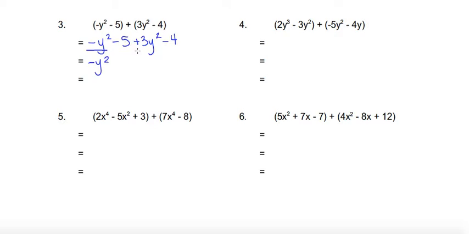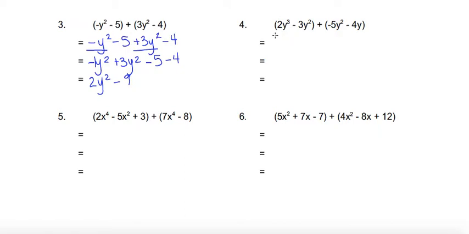My other y squared is right here, plus 3y squared. And then my constants, negative 5 and negative 4. Simplifying my like terms, remember this is an imaginary 1 in front of there. So negative 1 plus 3 is 2y squared. And negative 5 take away 4 is negative 9.